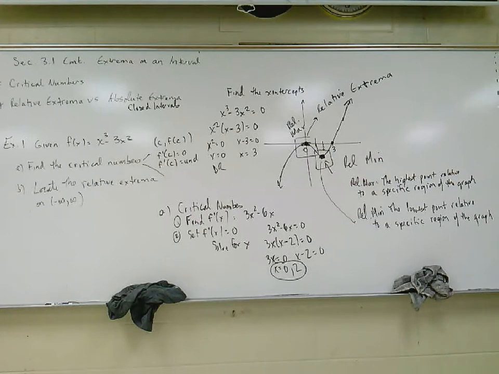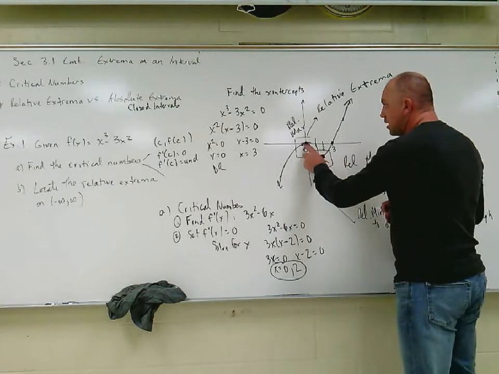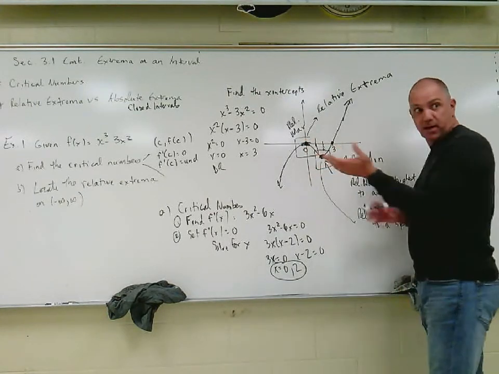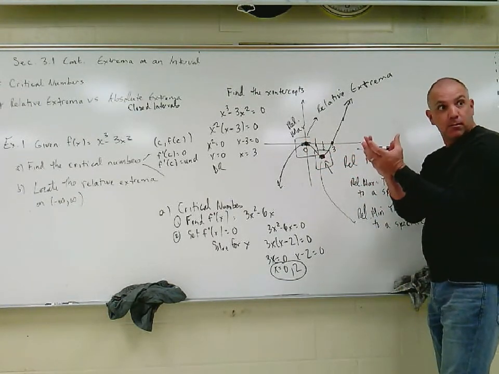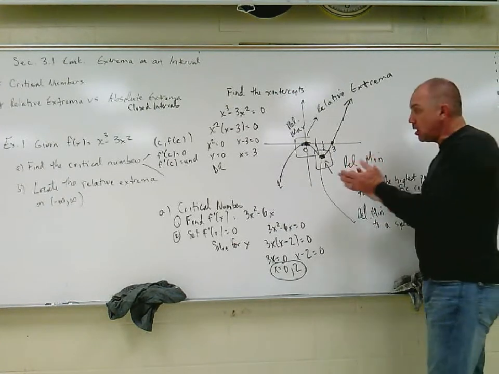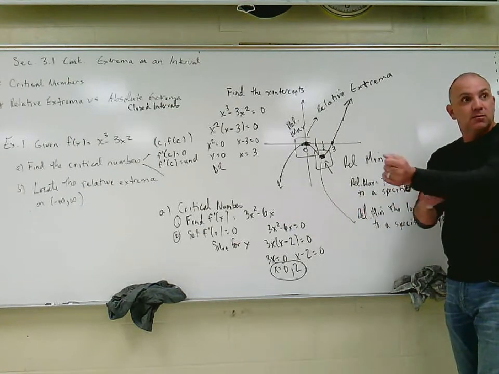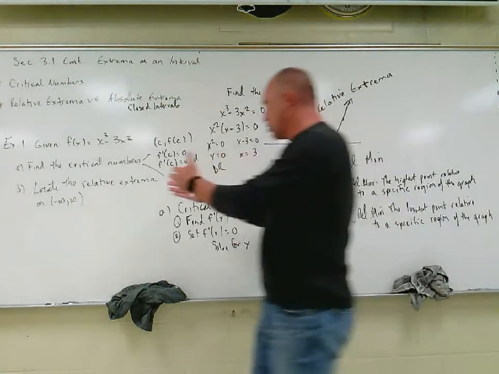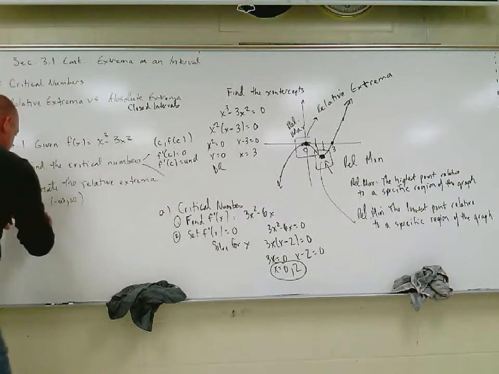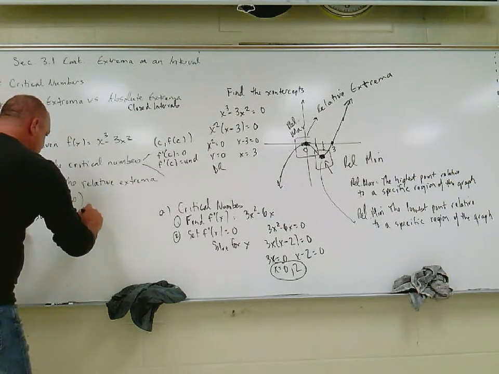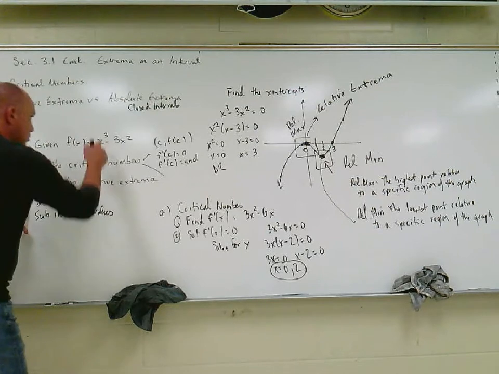Okay, now what? So now can I locate these points? Now that I know where they occur, can I find the actual point there? So all I need to do is do what with the x to actually locate it? Yeah, so if I want to locate the relative extrema, I'm going to sub in the x values into f of x.